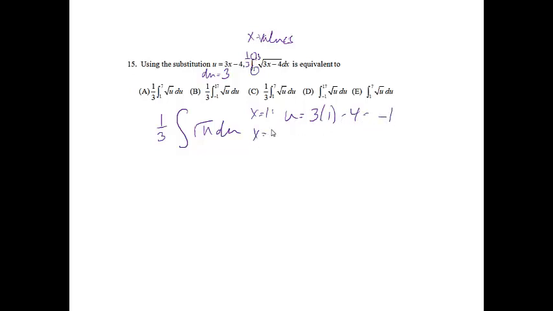And then when x equals 7, I'm going to get u equals 3 times 7 minus 4, and that will equal 17. So my limits need to go from -1 to 17. So if I look at which matches that, it would be choice B. And there we go.